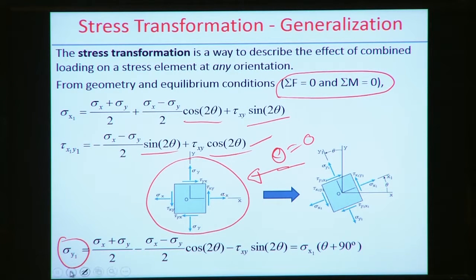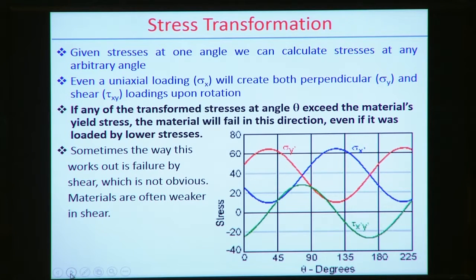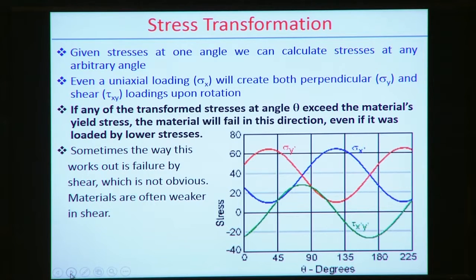Further, we can analyze this: given stresses at any angle, we calculate stresses at any arbitrary angle. That means we can define one angle theta, and with that orientation we can define an orthogonal axis system and represent the different stresses. Now, for any arbitrary angle theta, how do the stress and strain vary?